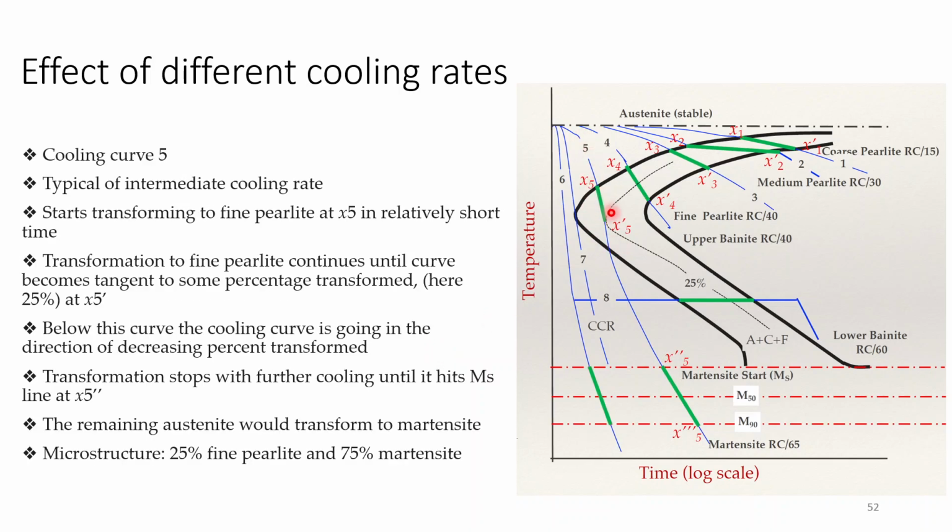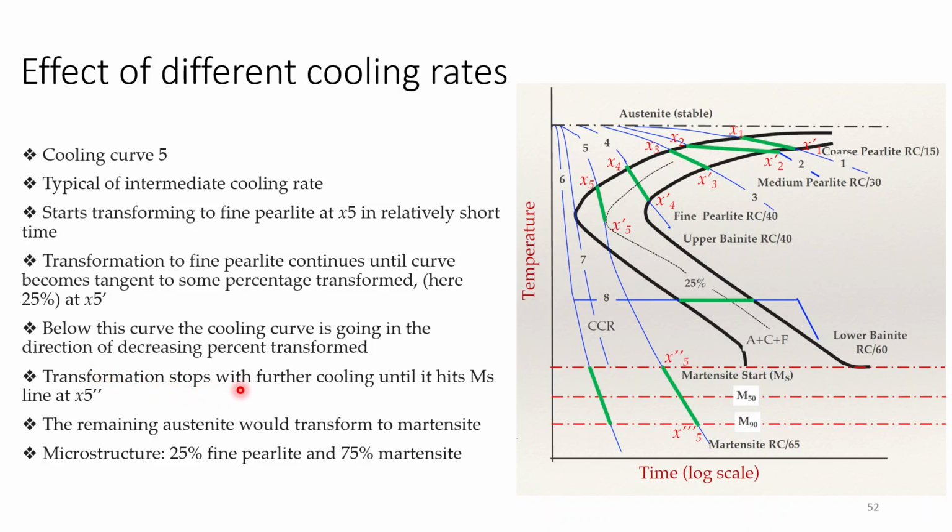In case of fifth one, you are cooling at a very faster rate. So typical of intermediate cooling rate, starts transforming to fine pearlite at x5 in relatively short time. Transformation to fine pearlite continues until the curve becomes tangent to some percentage transformed. Here 25% at x5 dash. Below this, the cooling curve is going in the direction of decreasing percentage transformed.